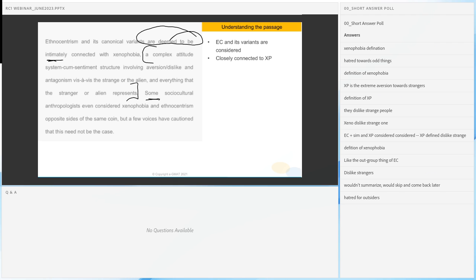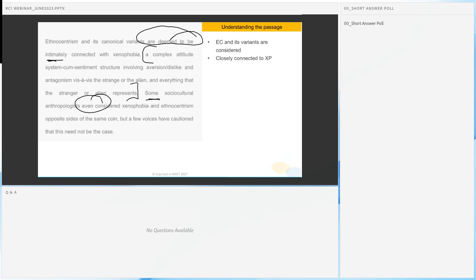What's the job that this word "even" is playing over here? Going a step further, going as far as.